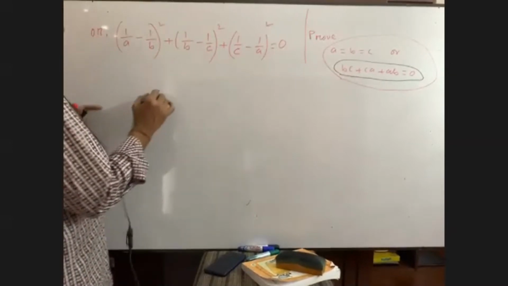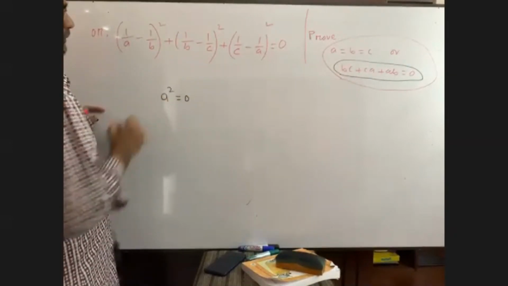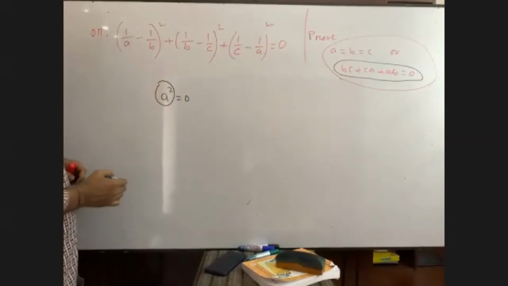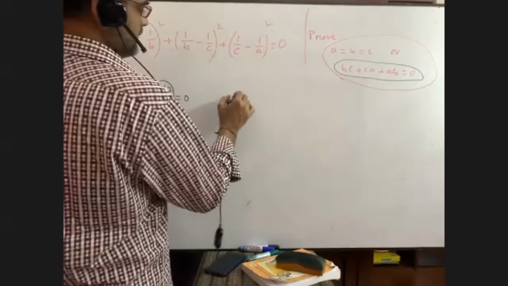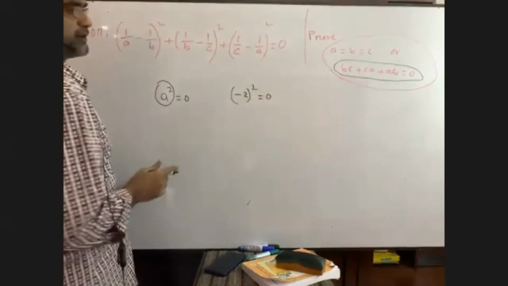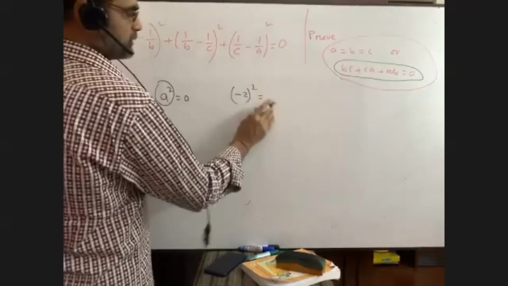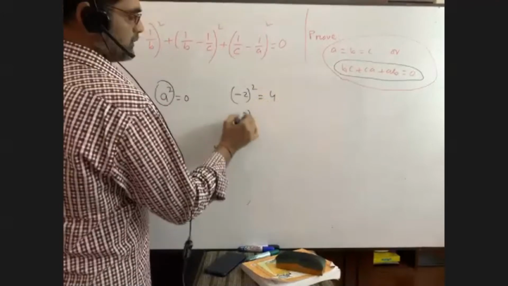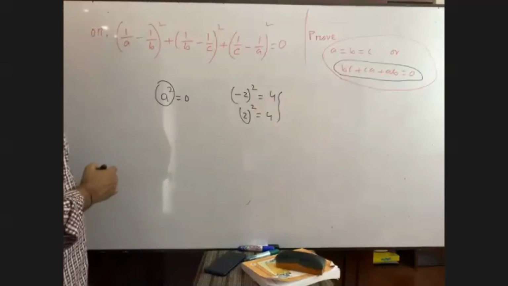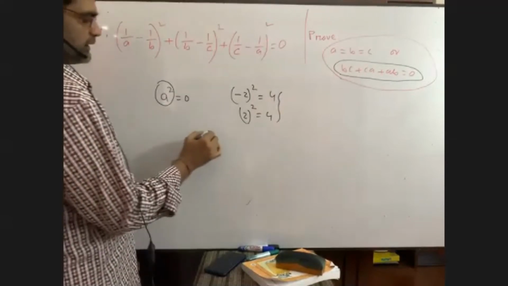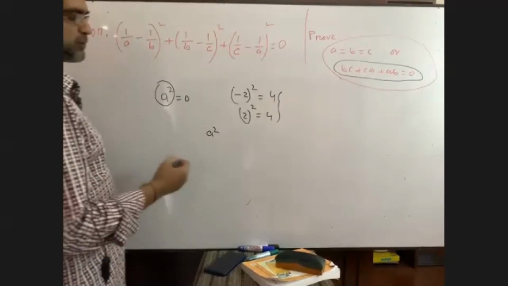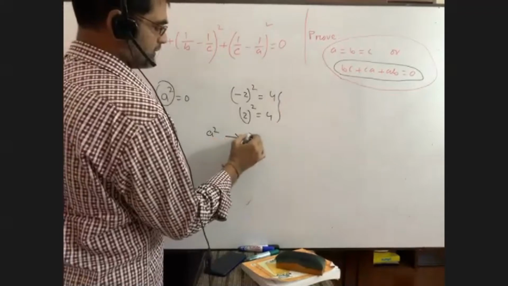You see, a square equals to 0. Actually, it is a positive number. Suppose a is minus 2. Is it possible to become 0? No, it is not possible. It is 4. It is not possible to become 0. The value of a square is always positive, right?